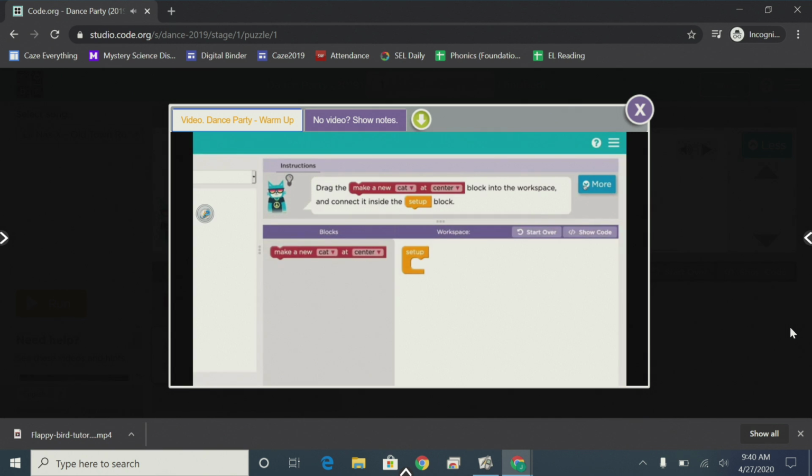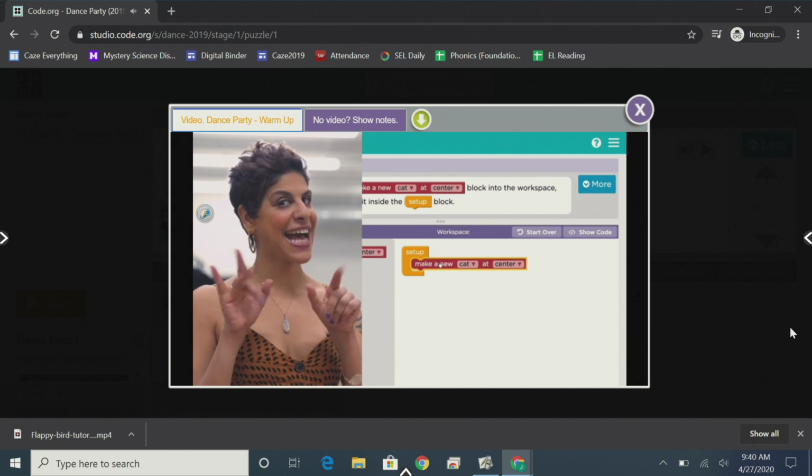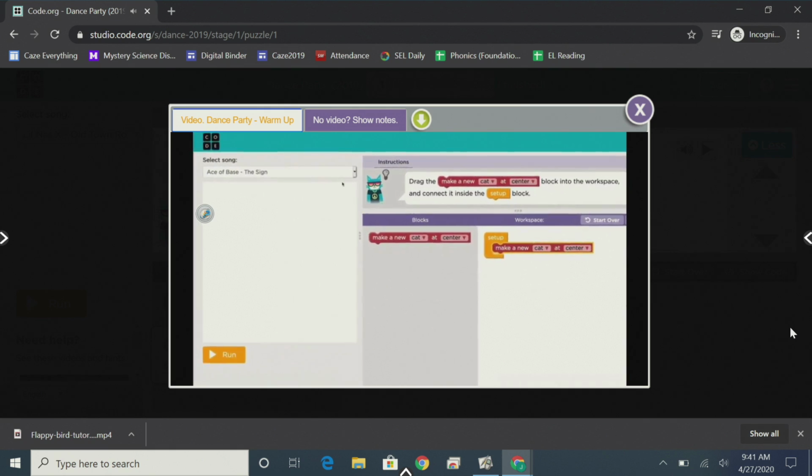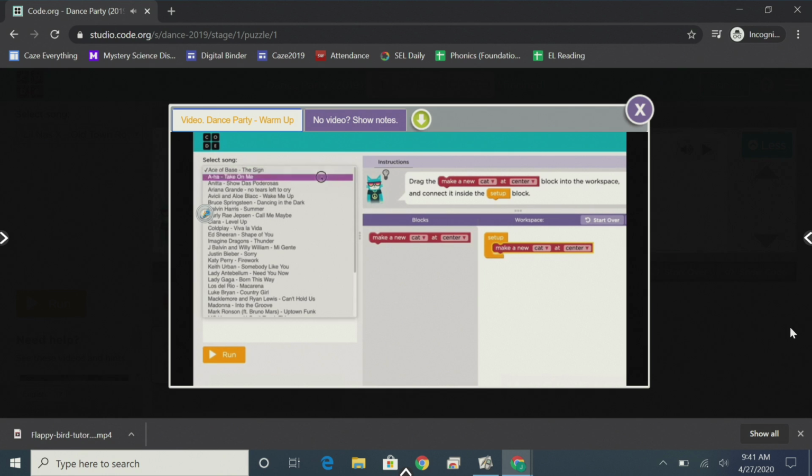To start off, let's make a new dancer with this red block. First, drag it out of the toolbox and snap it under this orange setup block. This dancer's a cat. You can also change where the dancer appears in your play space with this. Above the play space is the menu for picking out music. There are a ton of songs to choose from, so have fun finding your favorites.